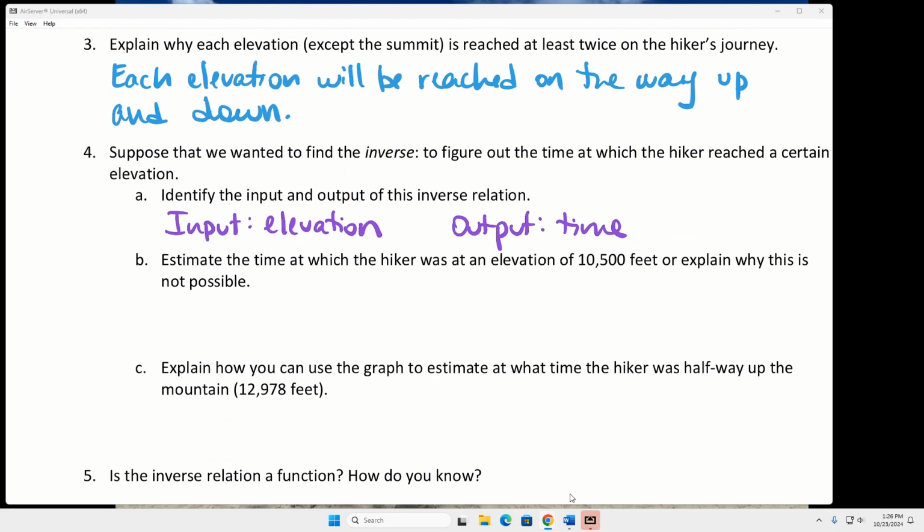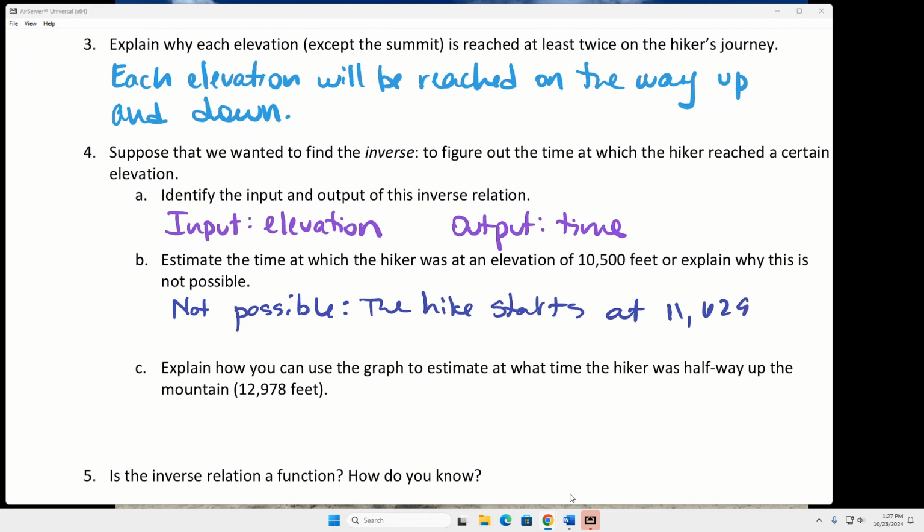No. And that's because the hike starts at 11,629 feet.